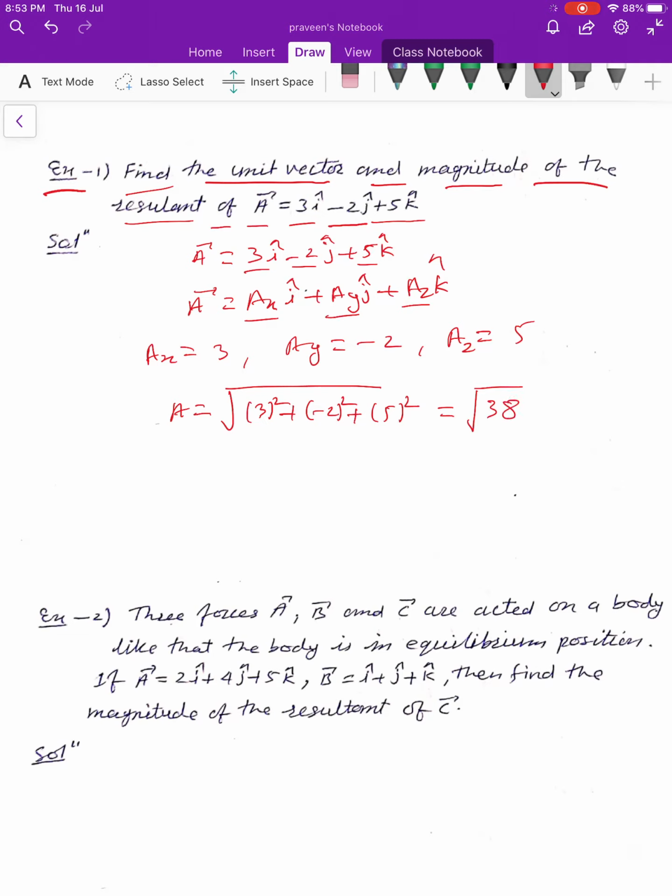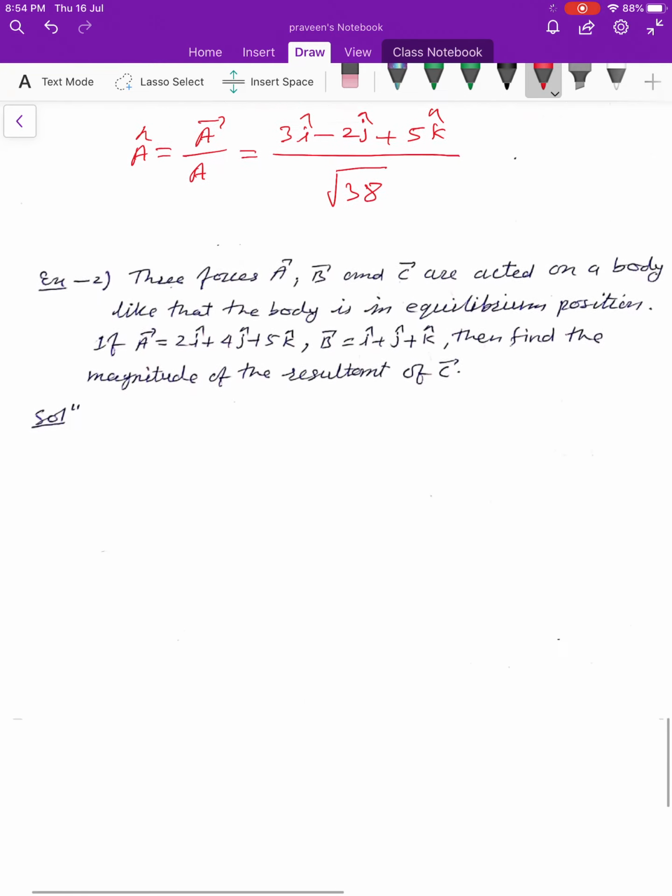The unit vector in the direction of vector A is A cap is equal to vector A upon A. So A cap is equal to (3 i cap minus 2 j cap plus 5 k cap) upon under root 38.